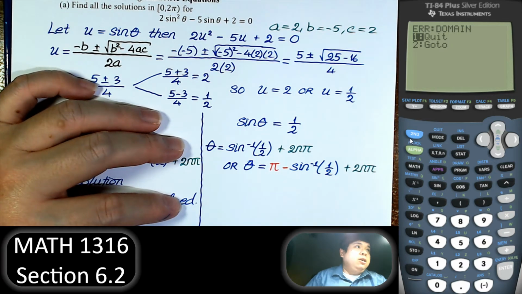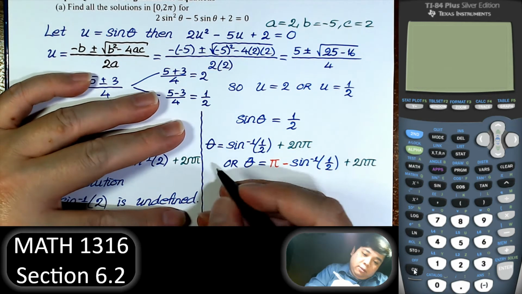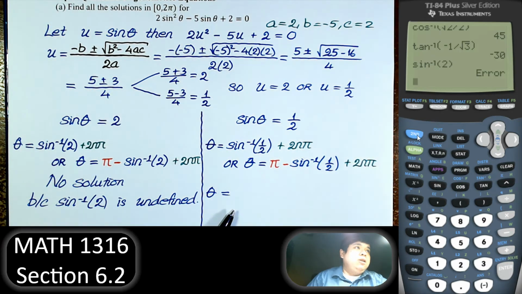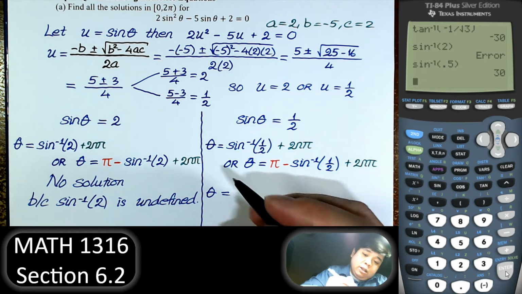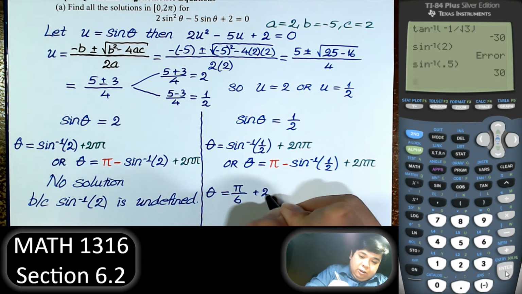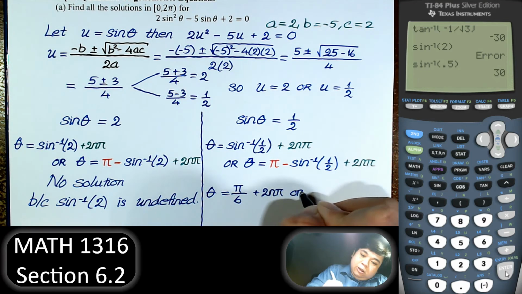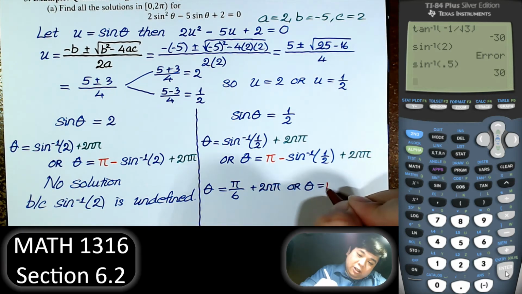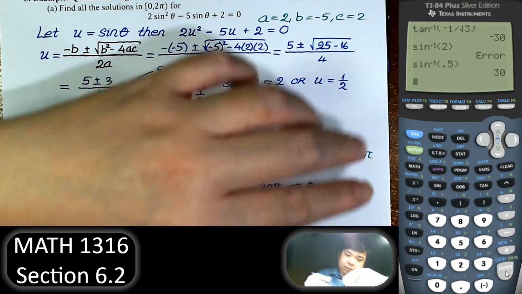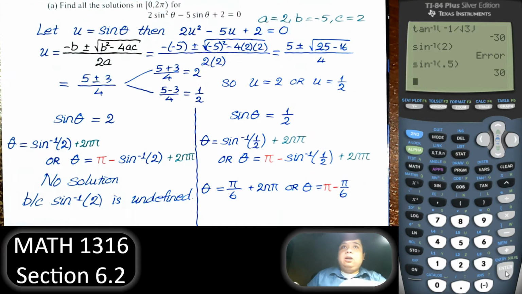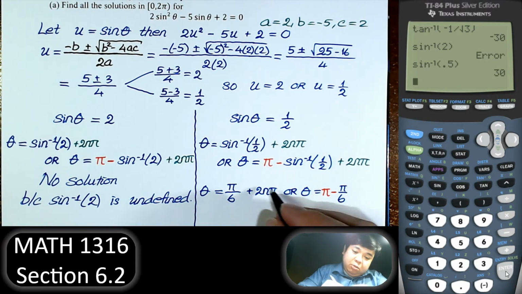So either that, or sine inverse of 1/2 is 30 degrees, or pi over 6. Either pi over 6 or the supplement to that, pi minus pi over 6, and then we still have plus 2n pi.